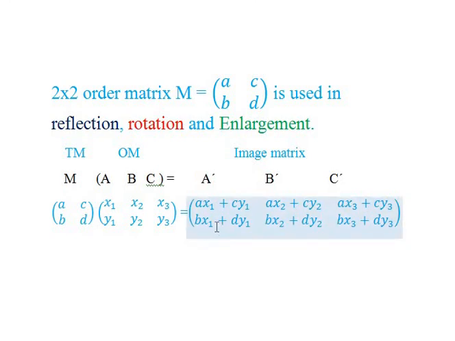The first column corresponds to the image of A, the second column corresponds to the image of B, and the third column corresponds to the image of C. If there are 4 vertices, 4 points, then you can add another point here.